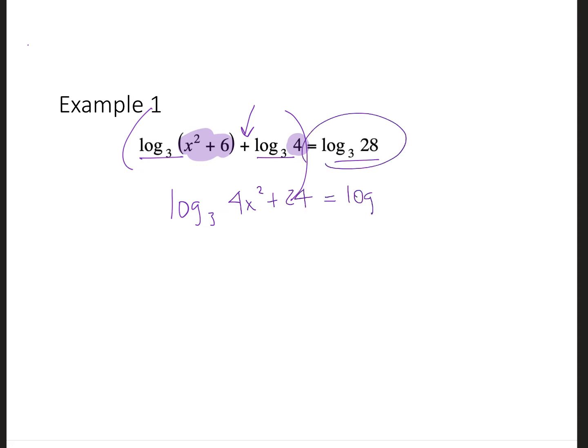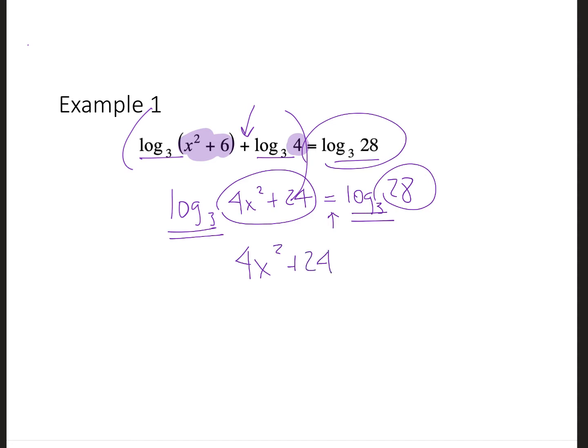I can't get rid of it yet. Now notice how it's changed. I don't have 3 logs in this problem anymore. I only have 2. Because I have the same base on these 2 logs with an equal sign in between, I can now set these 2 arguments equal to each other. That's a plus.